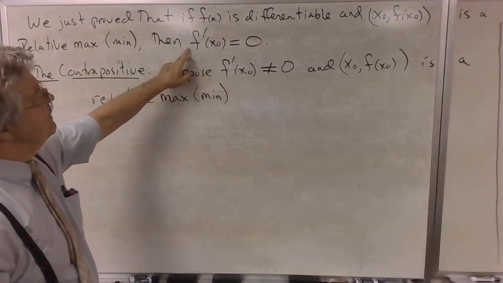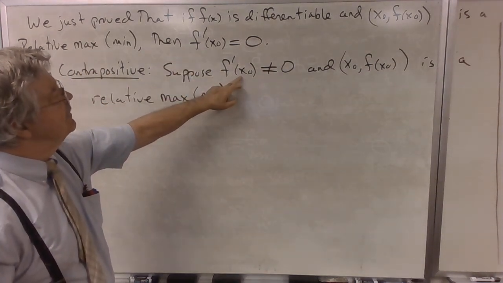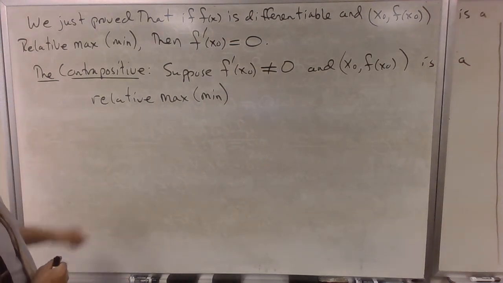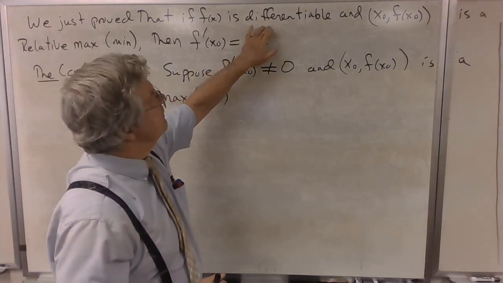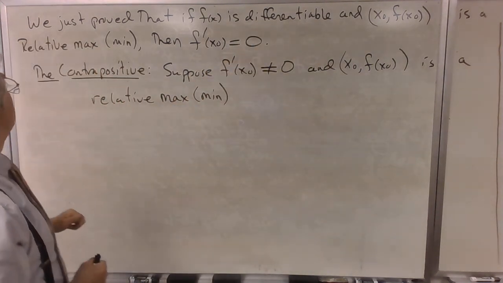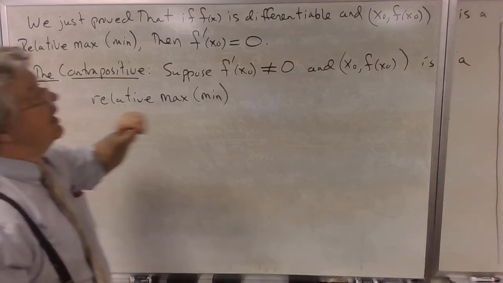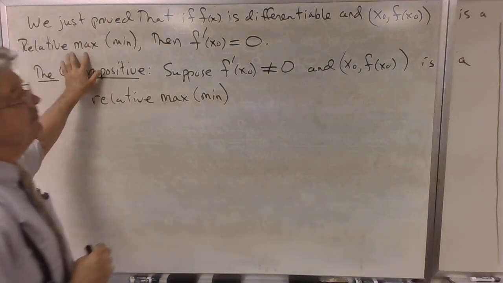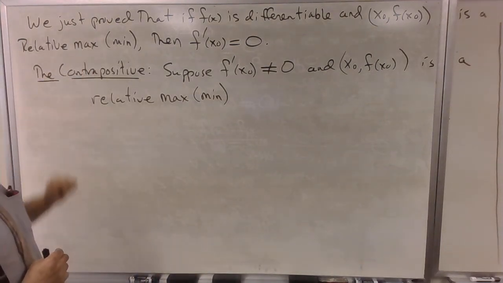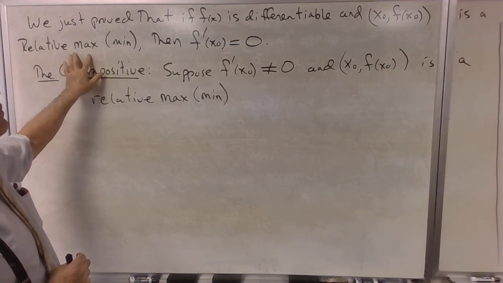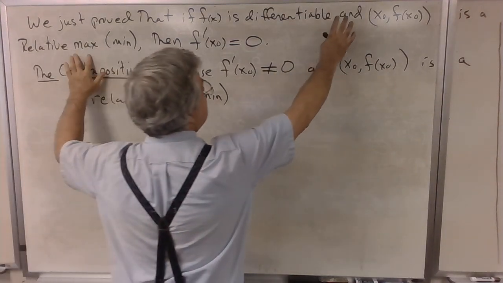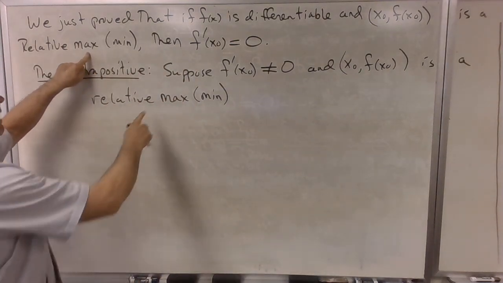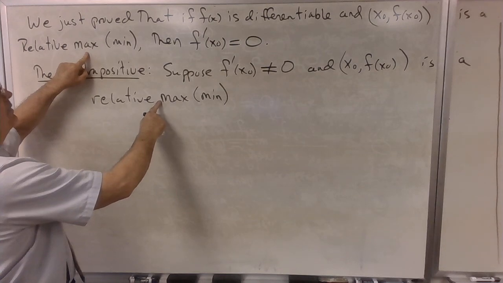So let's see, we negated this, f prime of x is not 0. Now, how do we negate f of x is differentiable and x naught, f of x naught is a relative max or min? Well, the way to negate this is to make sure that both of these aren't true. And guess what? Our hypothesis assumes that this is true.